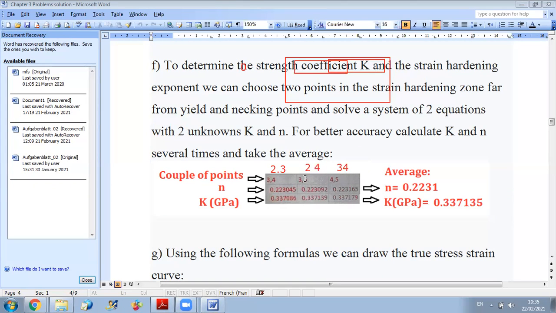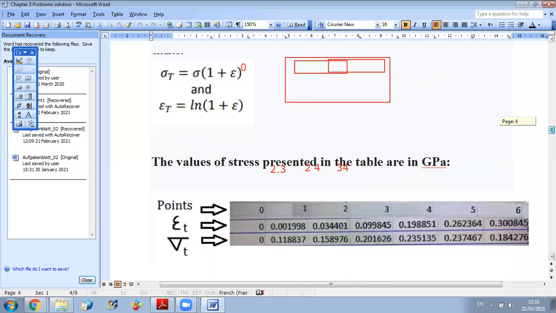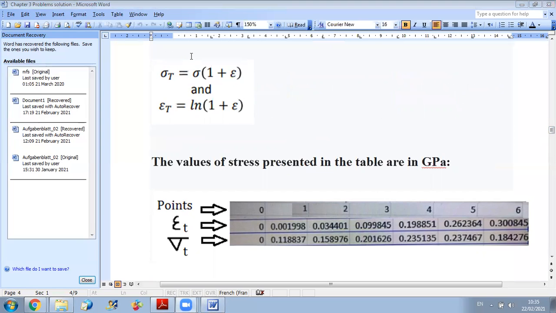And the error is very small because all these points belong to the strain hardening zone. So how to do the calculation for any 2 points? What is the method? Of course, you should pay attention that epsilon and sigma are the true values of stress and strain, not the engineering values. Okay, so whenever you want to calculate k and n, you will need to relate, because the flow curve is what?